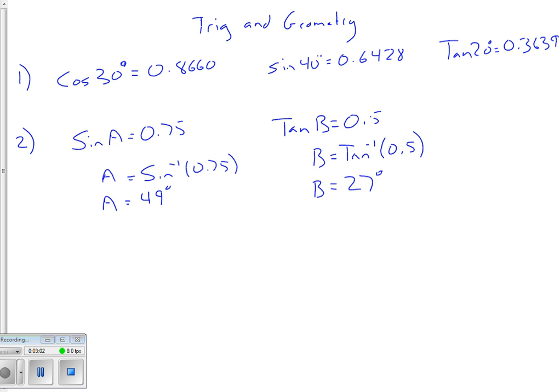And finally, if I want to try it with cos of angle C, whatever angle C happens to be, and let's say that was 0.35. Well, that would be cos inverse 0.35, and so angle C is going to equal 70 degrees.